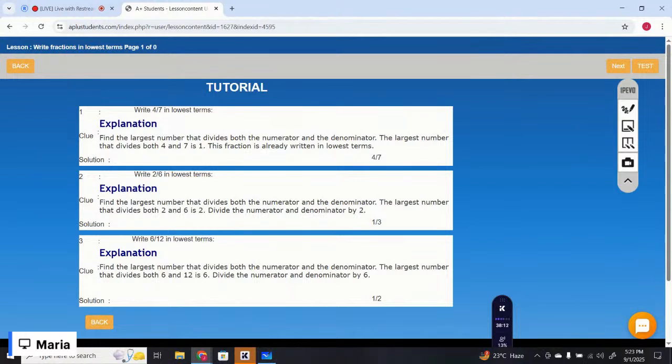Find the largest number that divides both the numerator and denominator. So the largest number that can divide 4 and 7 is 1 because 7 is a prime number. Let's just start with the test.